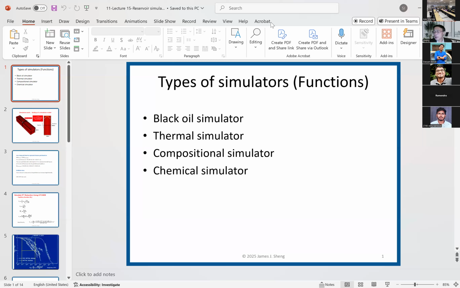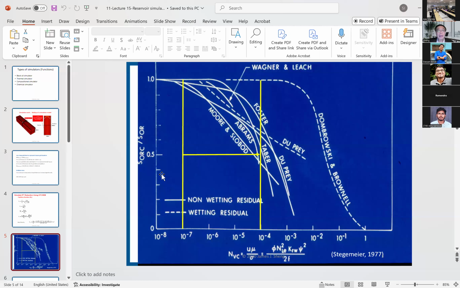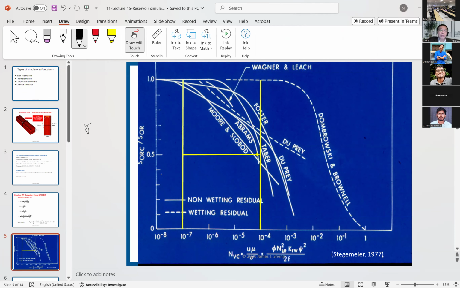Okay, simply, if you have low IFT, then your capillary number is high. Let me show you what I have here. When the IFT is low, the capillary number will be high.